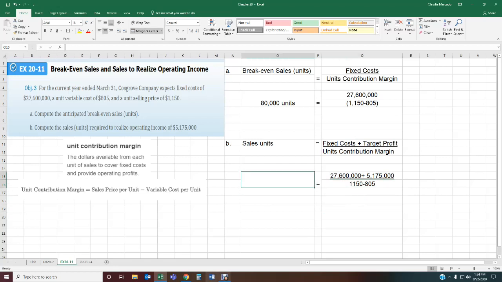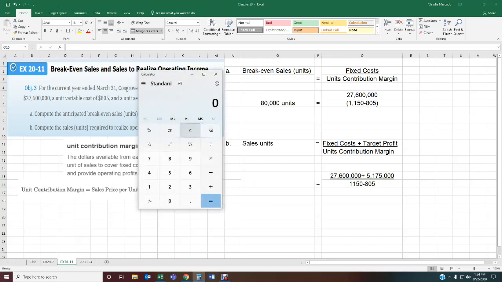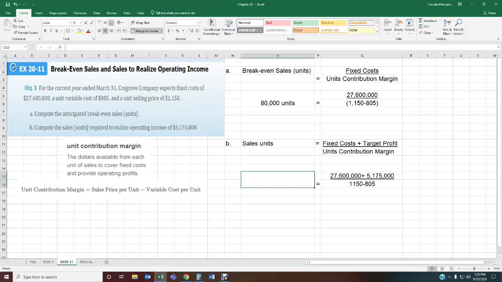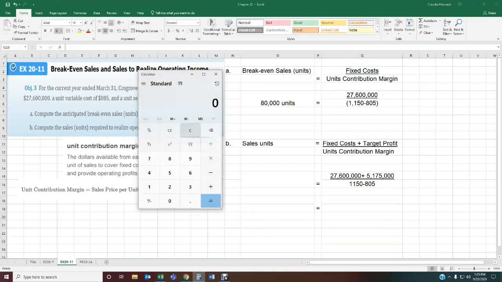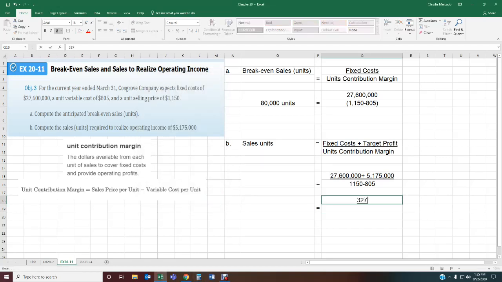Okay. So now we can enter into our calculators. 27,600,000 plus 5,175,000. That's going to be 32,775,000.